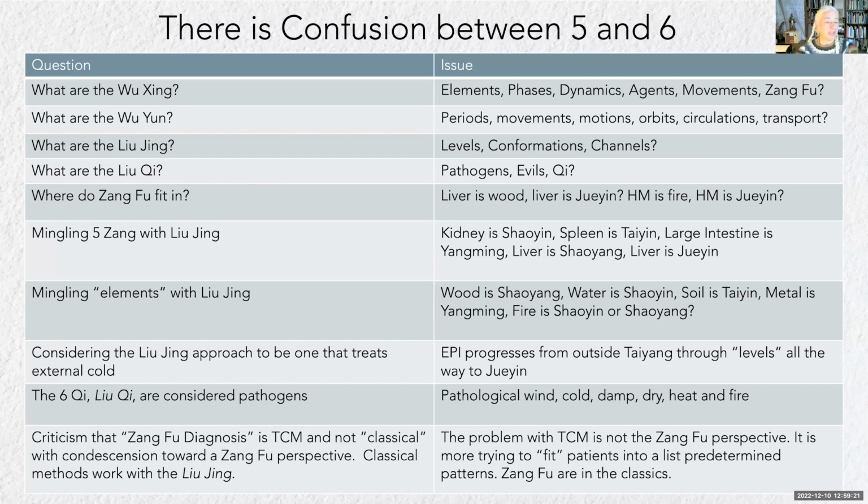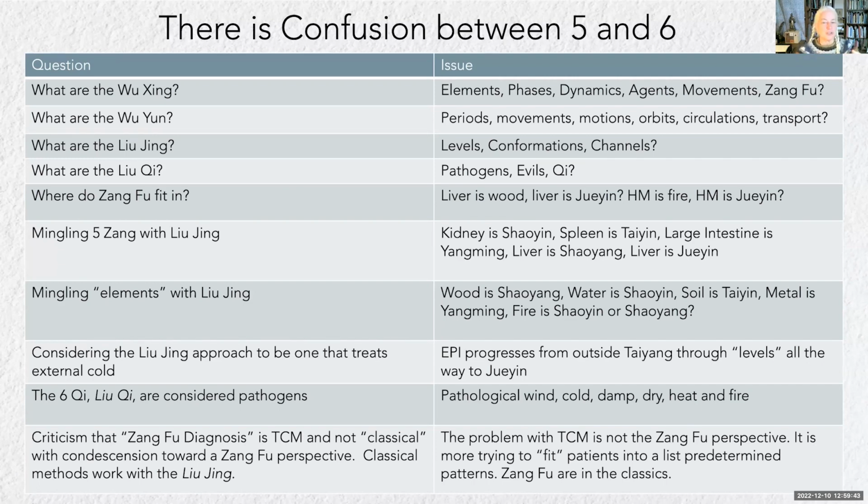Also mingling elements with the Liujing. So wood is Shaoyang, water is Shaoyin. But wait a second, Shaoyin is kidney and heart. So isn't fire Shaoyin? But fire is also Shaoyang, but is Shaoyang wood, or is it fire? It's got the triple heater.